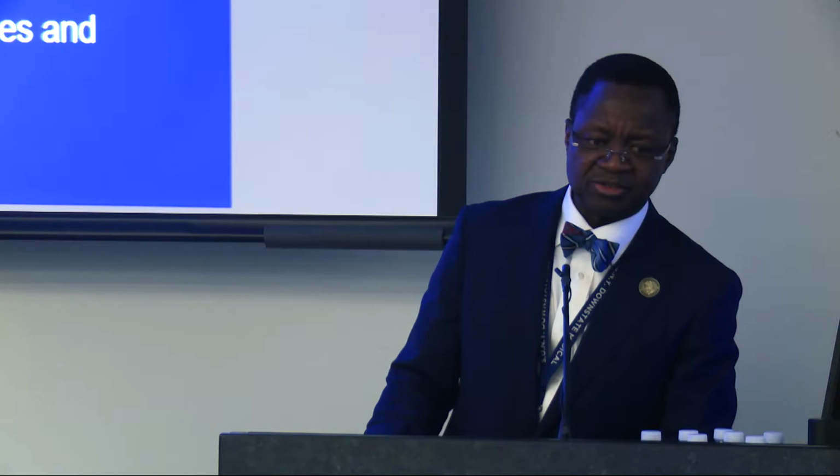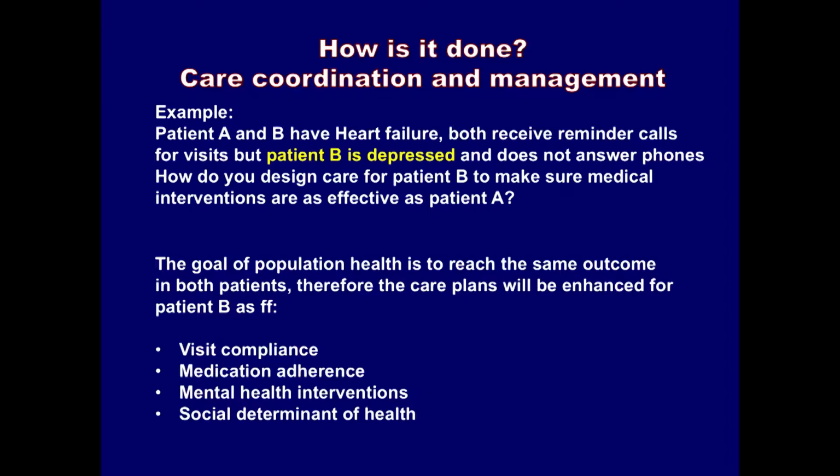But today my topic is going to be population health, of course. So how is it done? In order to reduce costs, we have to do something to get there, right? So how is it done? So I'm going to give you examples, and then you can figure it out yourselves. Patient A and B have heart failure. Both receive reminder calls for visits, but patient B is depressed and does not answer the phone calls.